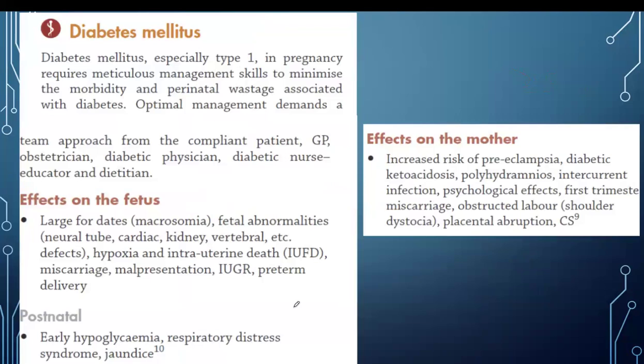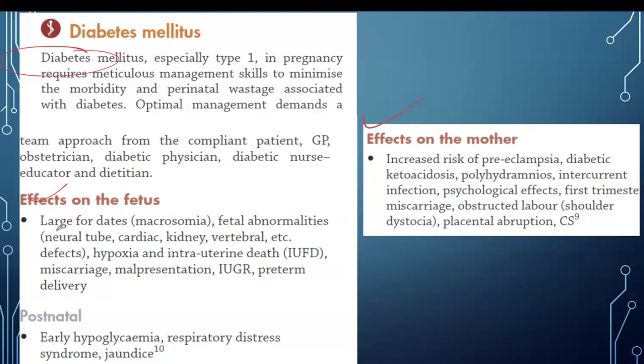Moving on to diabetes during pregnancy. Diabetes mellitus, especially type 1, in pregnancy requires very meticulous management because during pregnancy, blood sugar can fluctuate a lot. If a patient has uncontrolled diabetes, there is always a risk to both the baby and the mother.